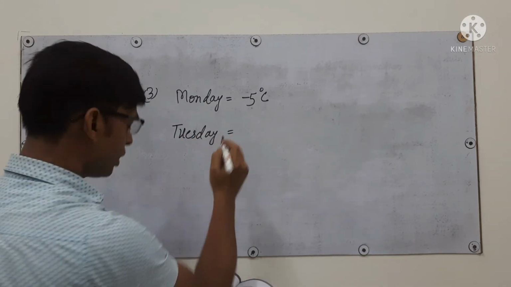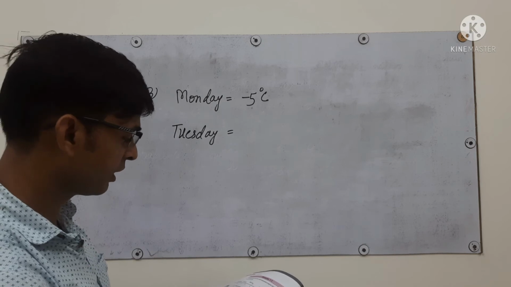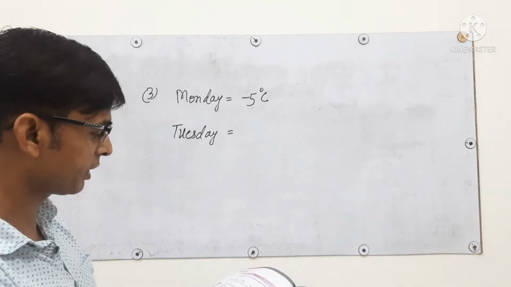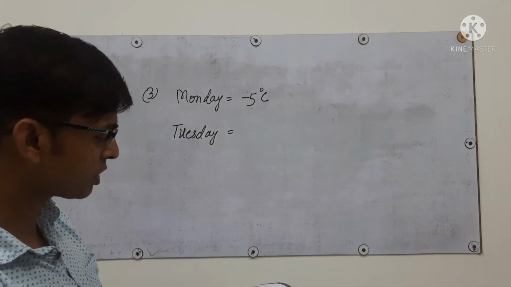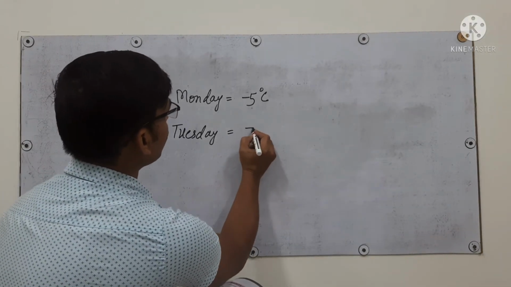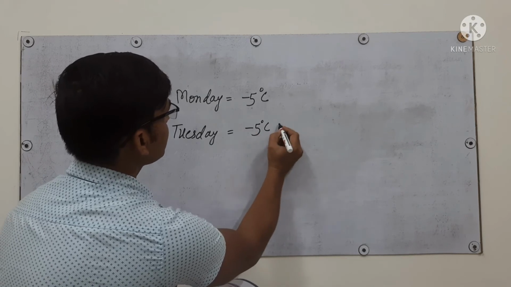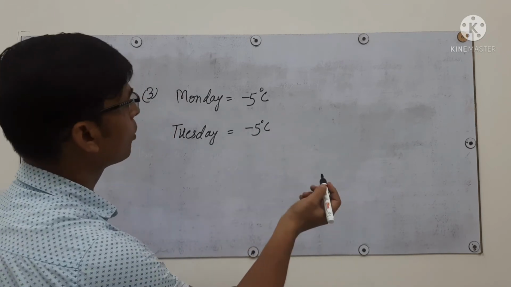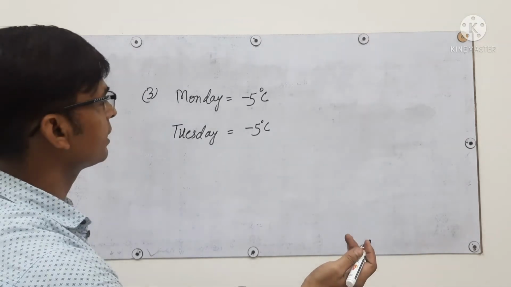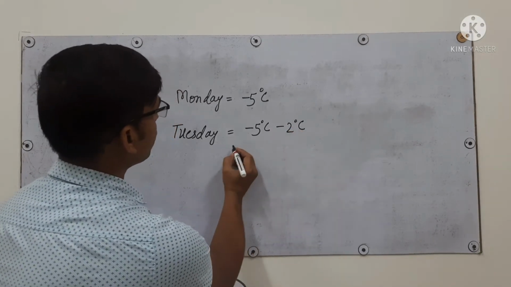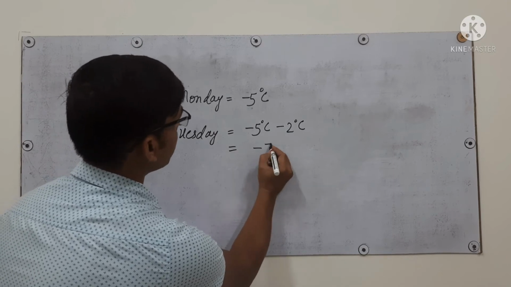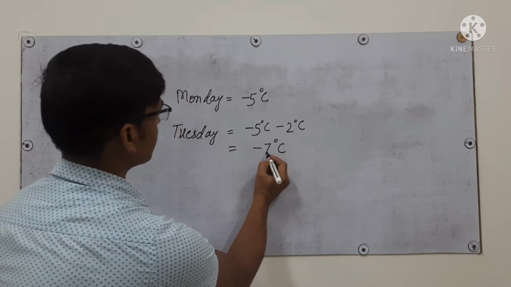The question says it dropped by 2 degrees Celsius. On Monday it was -5 degrees Celsius, and on Tuesday it dropped by 2 degrees Celsius. So the temperature on Tuesday will be -7 degrees Celsius.